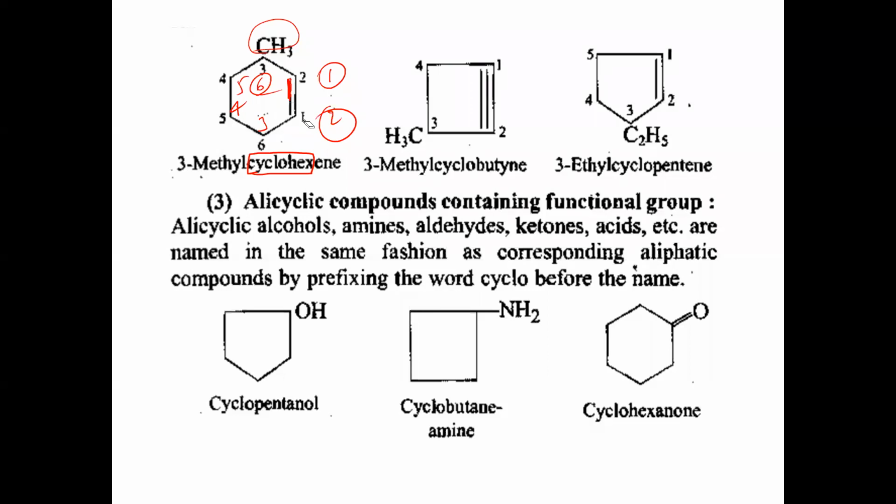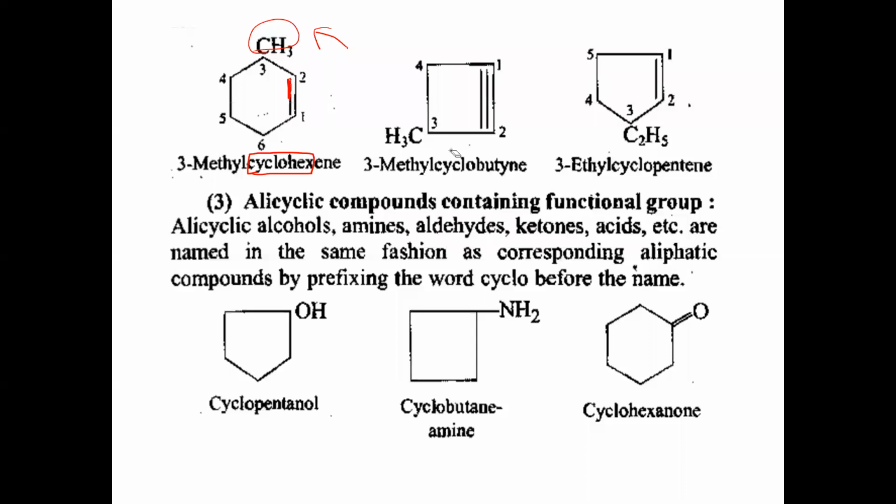After giving the lowest number to the double bond, the methyl substituent must also get the lower possible number. That's why we have to give numbering in the anti-clockwise direction. We should not give clockwise direction like this. So this numbering is wrong. Whatever is printed there is the correct numbering: first carbon, second carbon, third carbon. So 3-methylcyclohexene. Is that clear now?